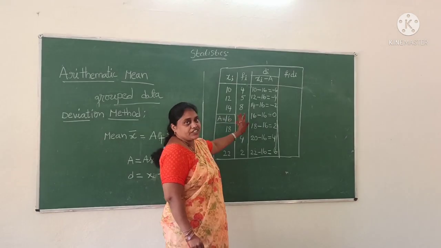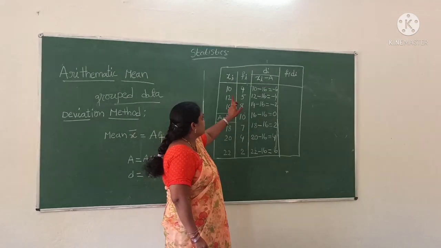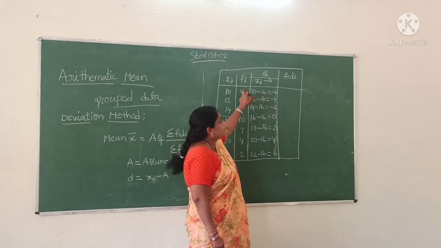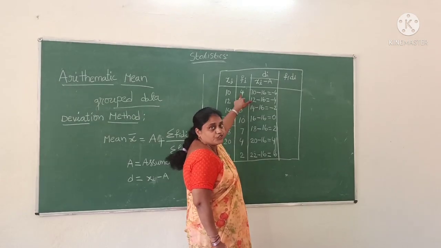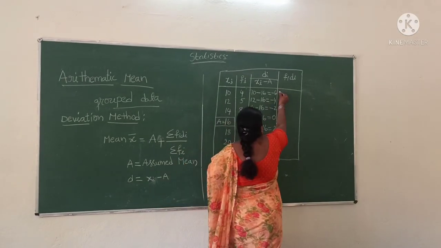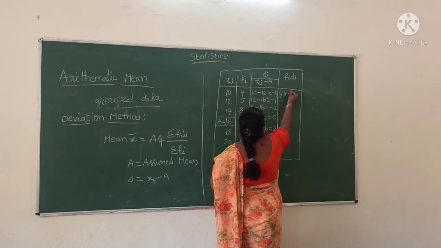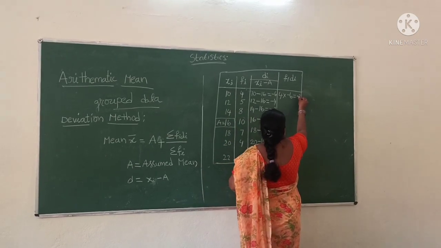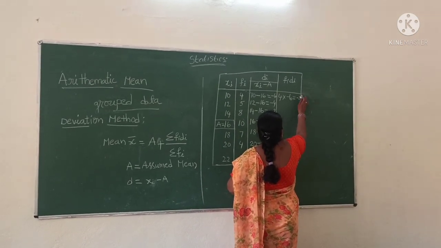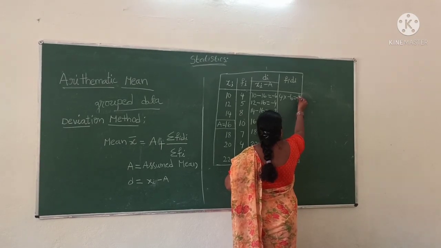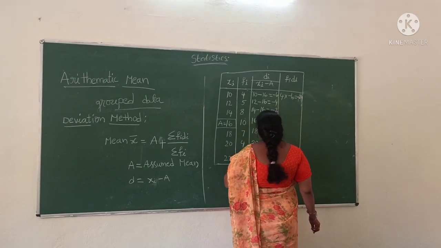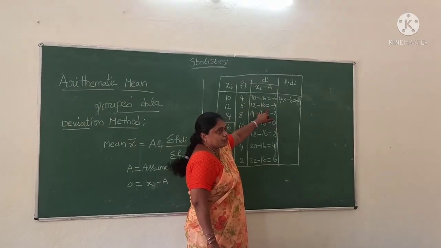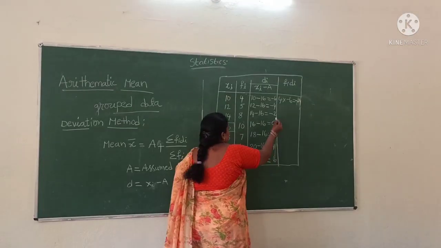Okay, now we calculate fi di. We calculate fi di means fi into di. What is the fi? 4. 4 into di means 4 into minus 6. That is 4 6 are 24, minus 24. Okay, I write just directly. 5 into 4, 5 4 are 20.